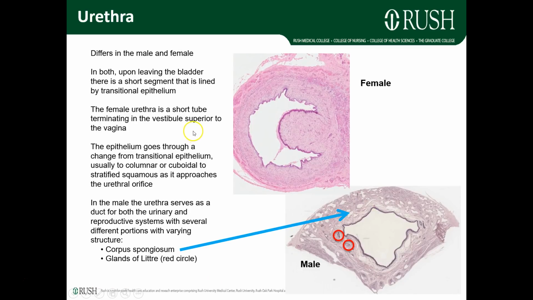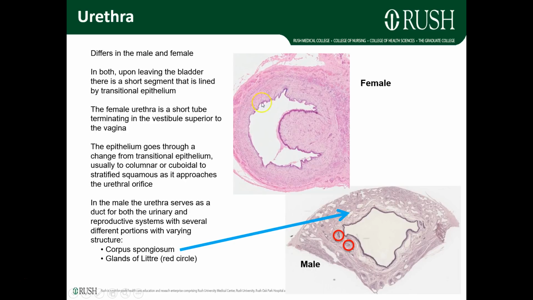So once urine is voided from the bladder, it travels through the urethra and to the outside of the body. The urethra in the male and the female differ slightly. They are obviously both leaving the bladder, and they have a short segment which at that stage is still lined with transitional epithelium.